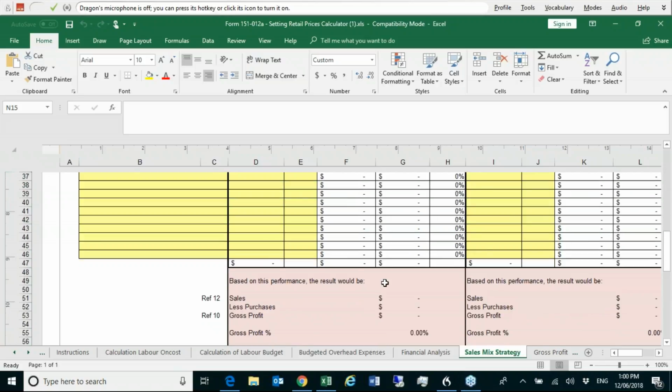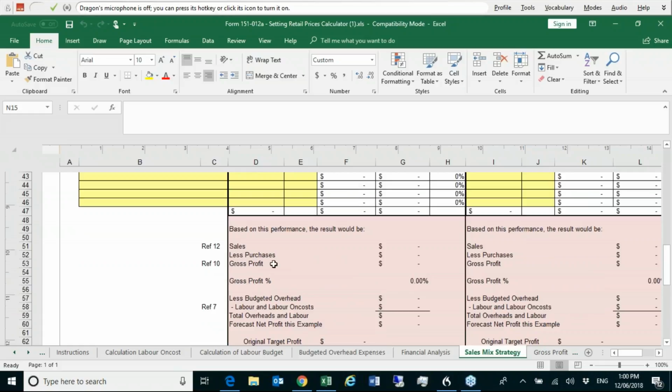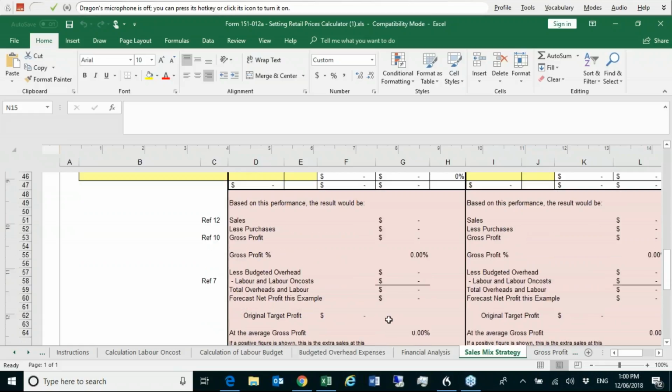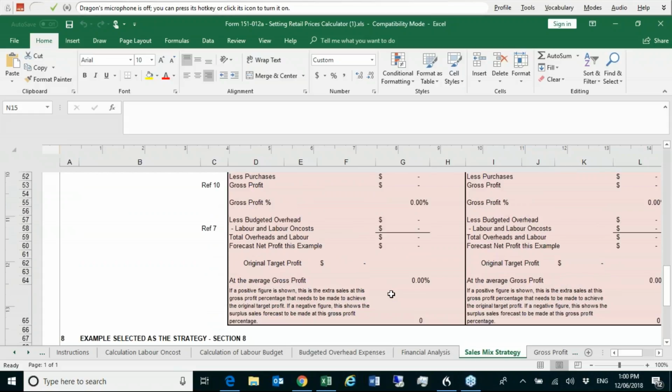And the overall aim is to play with this to see how close you can come to the sales and gross profit that are going to be necessary to earn the targeted profit figure for the year.